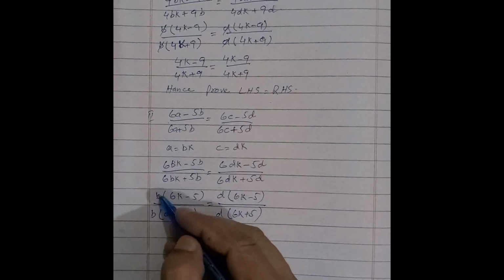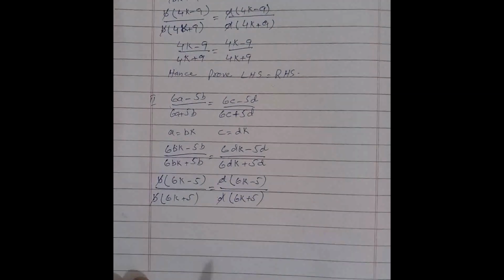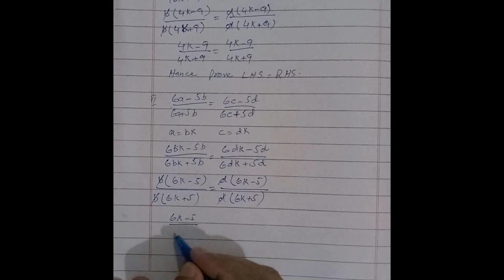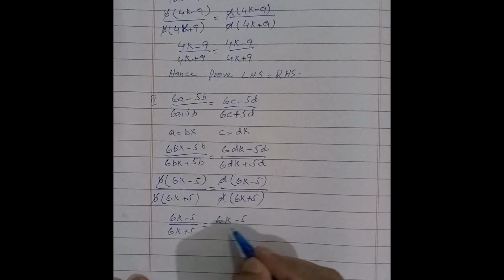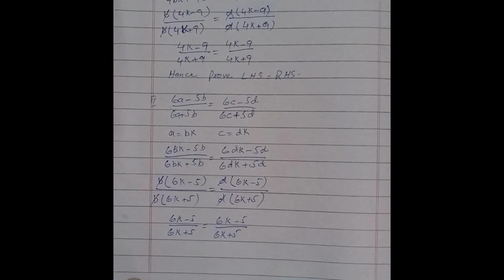Now we cancel B with B and D with D. The remaining values are 6K minus 5 over 6K plus 5 is equal to 6K minus 5 over 6K plus 5. The left hand side is equal to the right hand side. Hence proved.